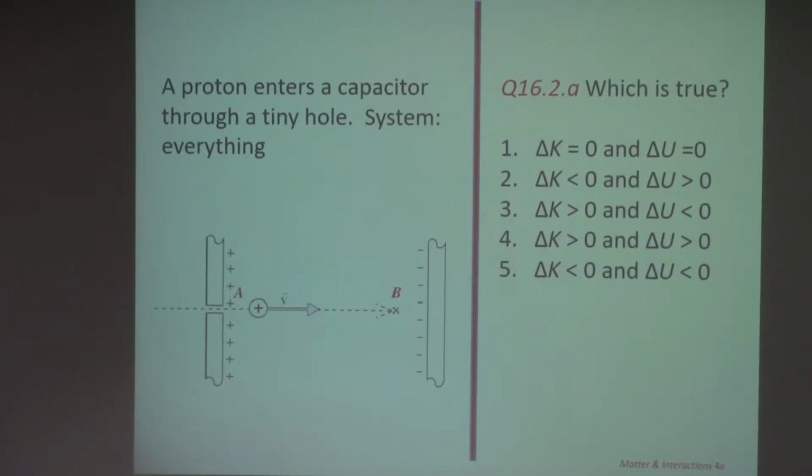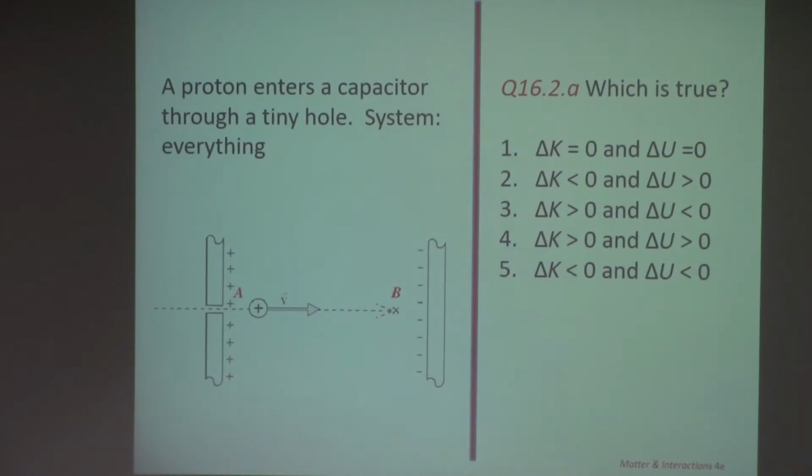Okay, so what happens here? What happens to the kinetic energy of the proton? Okay, so let's have some votes here. Fingers. Wow, really? Okay, so we got 3s and we got 1s, and did I see anything else?